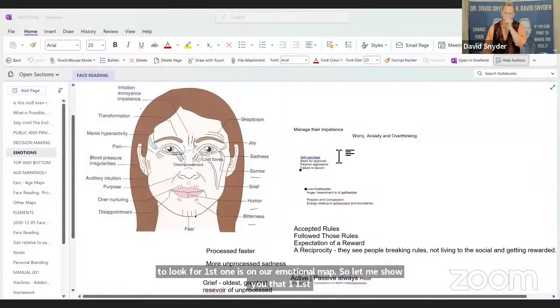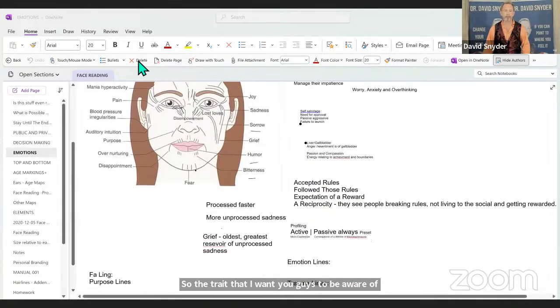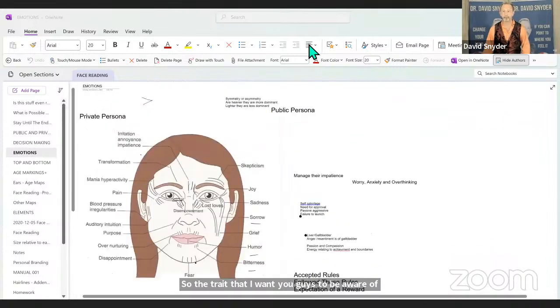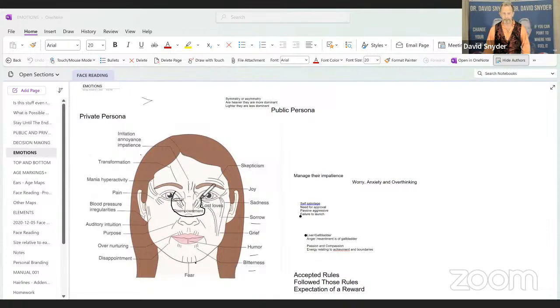So the trait that I want you guys to be aware of that can be problematic is right here. See where it says disempowerment?